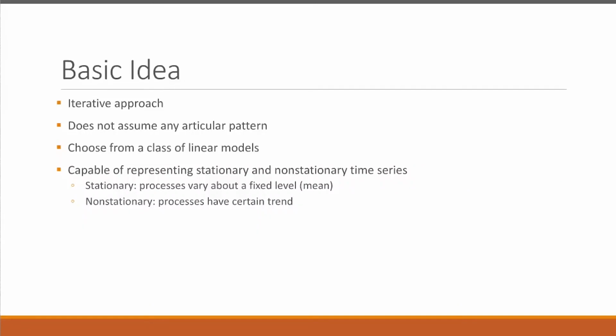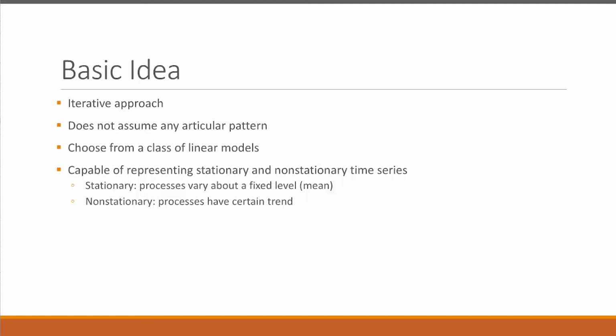Now, at the very beginning, we don't want to restrict our idea to any particular pattern or any particular model. We will have a pool of models that we consider, and then we examine the data to determine which model we want to use. This model can be used for stationary and non-stationary time series.